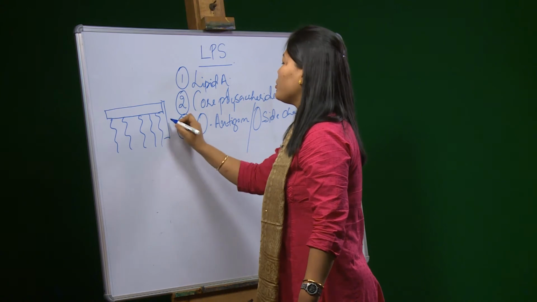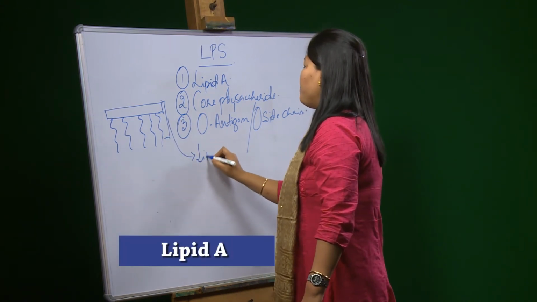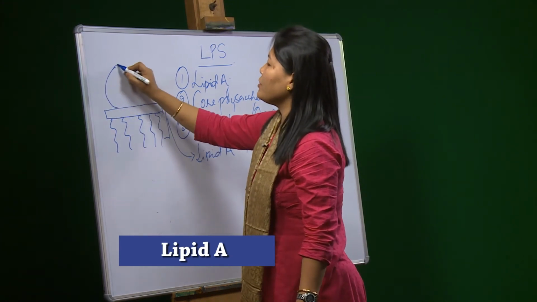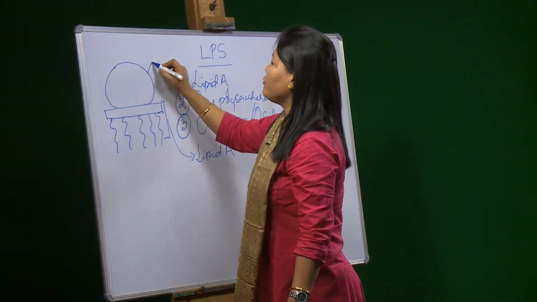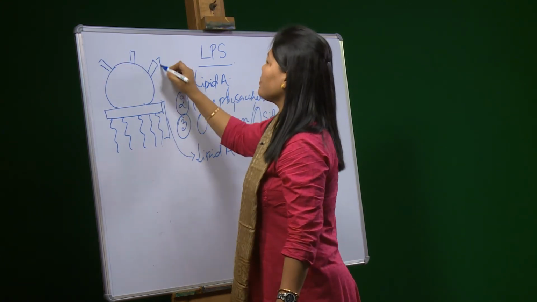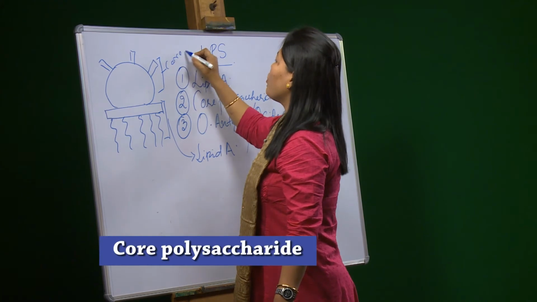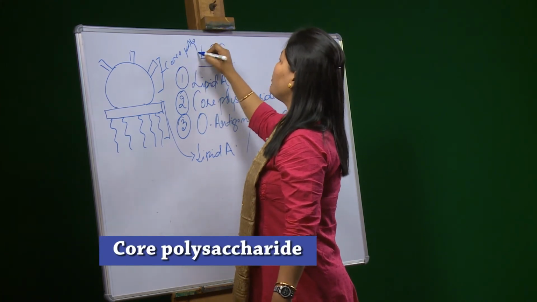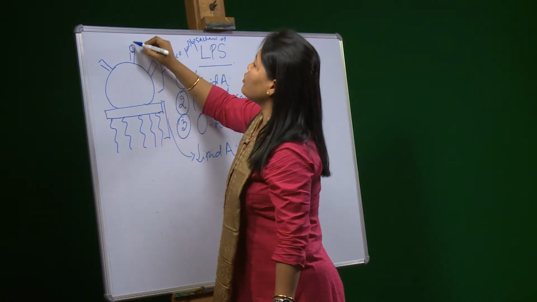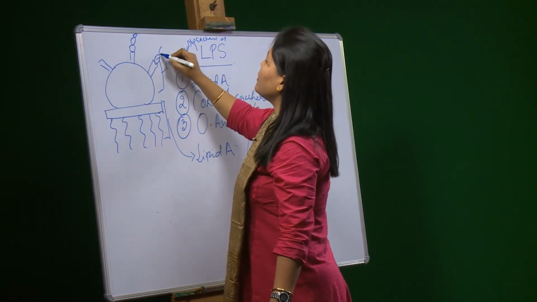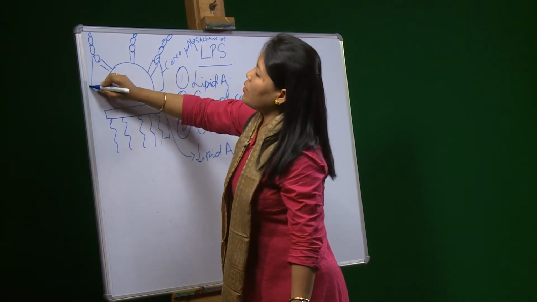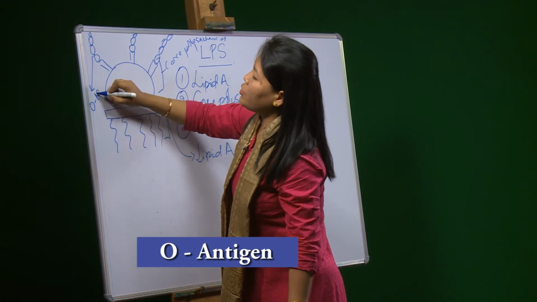So, this whole structure is the lipid A. Then above that, we have this core polysaccharide. And finally, on top of it, is the O antigen.